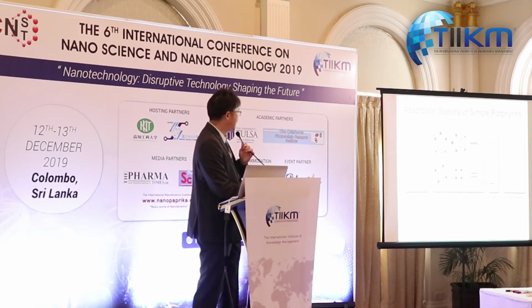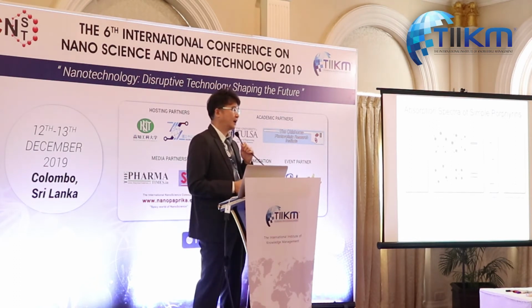EGX and EGY are degenerate, and A1U and A2U are close in energy. There are two transitions, A1U to EG and A2U to EG. Configuration mixing of these two transitions results in strong Soret and moderate Q bands.